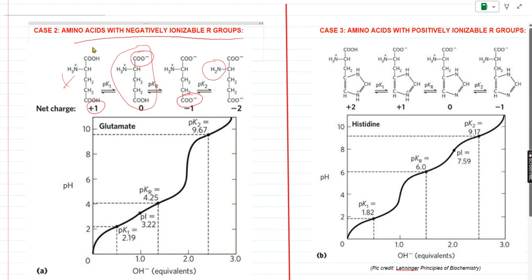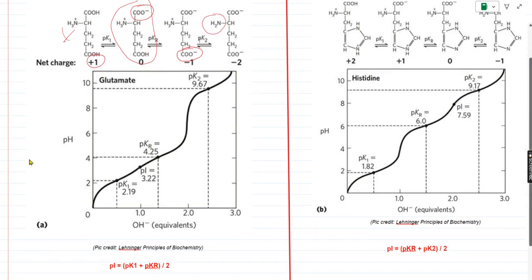In this case, you will measure the pK1, and you will measure the pKr. It's a special notation, it's not pK2 and pK3. And you will also have pK2. So in this case, the pI is going to be (pK1 plus pKr) by 2. Why?